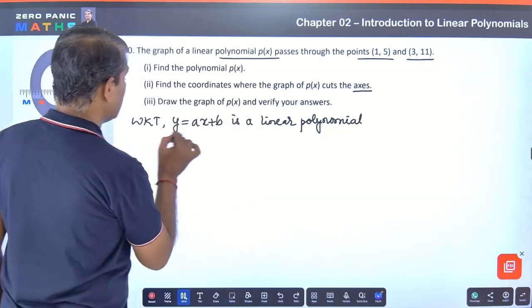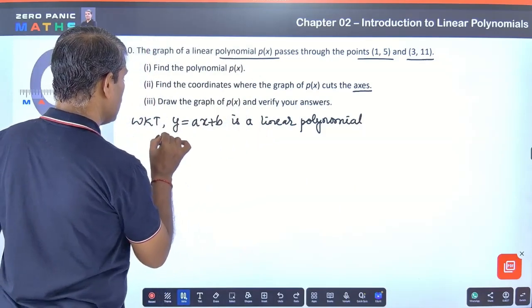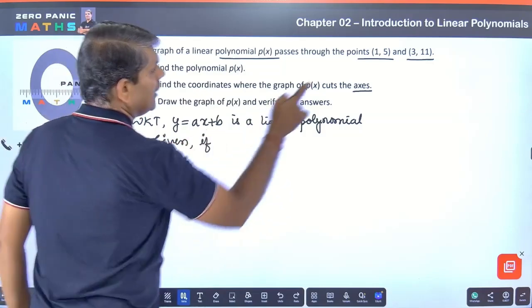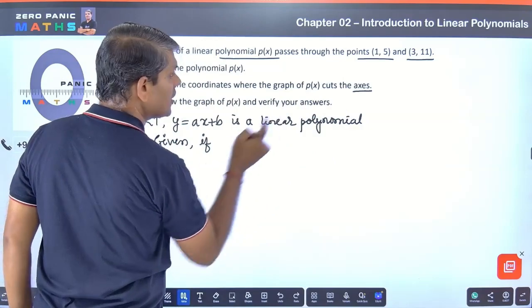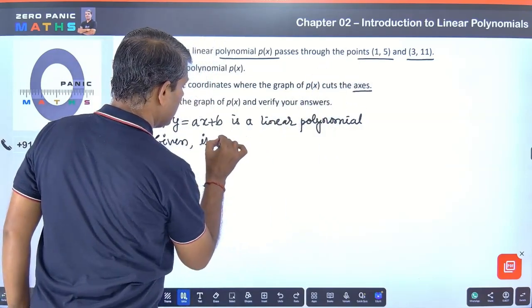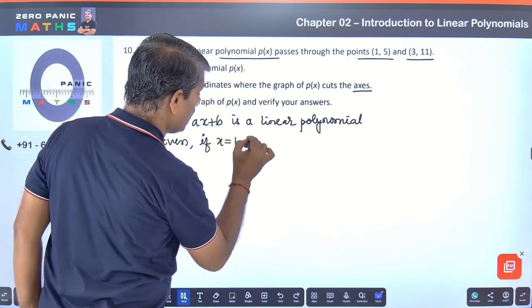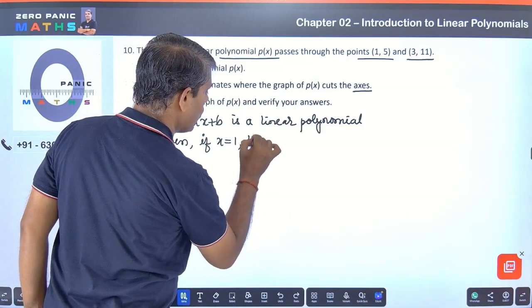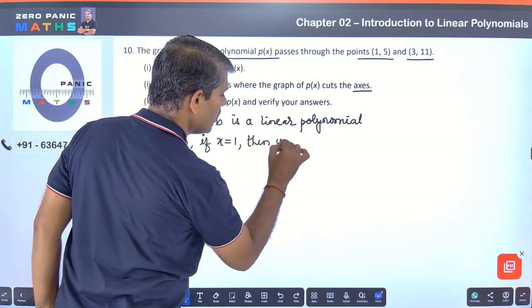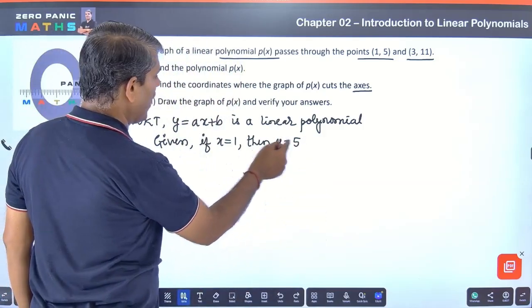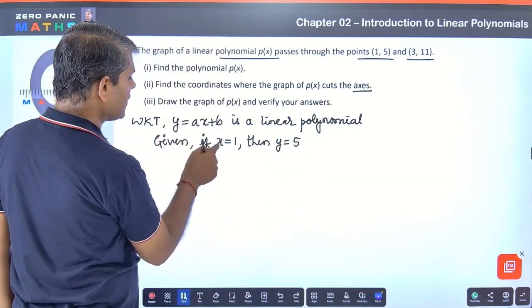What are the two coordinate points given? Given is, if x is equal to 1, y is equal to 5. Listen to me carefully. If x is equal to 1, then y is equal to 5. What do you mean by this? Just substitute y is equal to 5 and x is equal to 1.